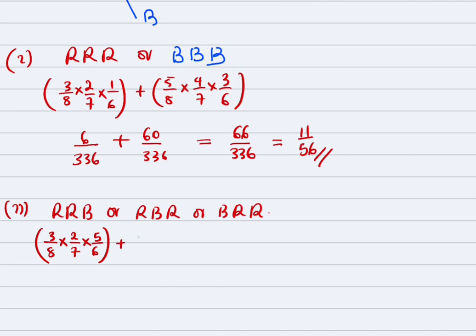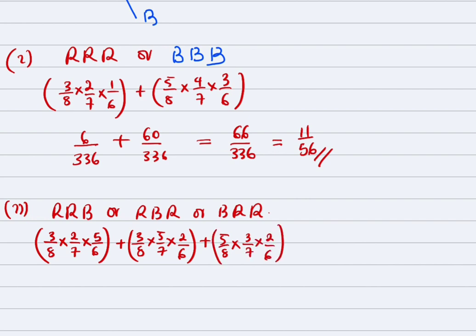Then plus we are going to have 3 over 8, then times 5 all over 7, then times 2 all over 6. All right. Plus we are going to have 5 all over 8, then times we have 3 over 7 times 2 over 6.